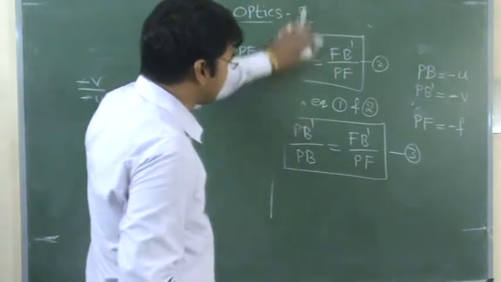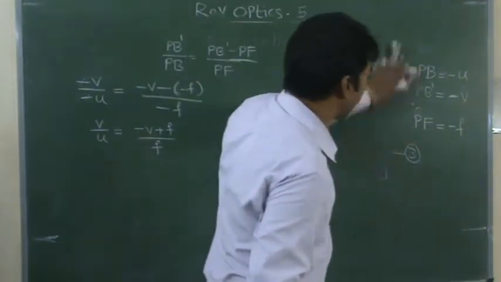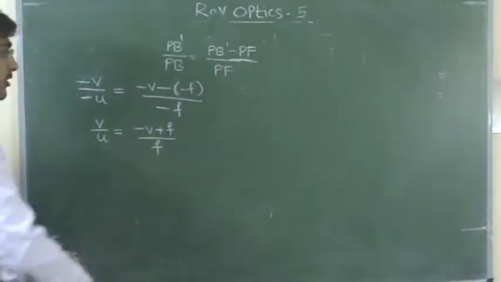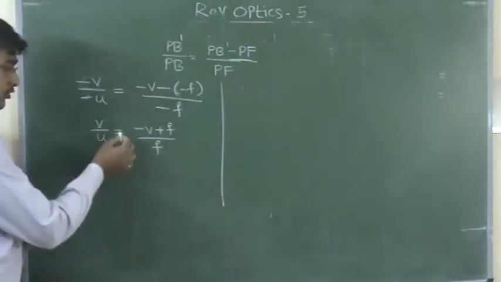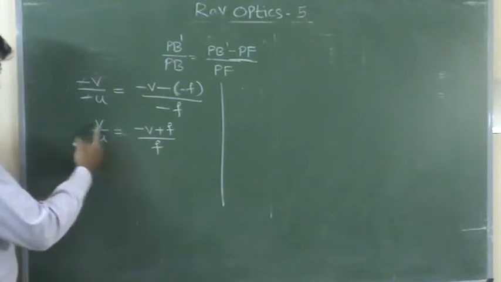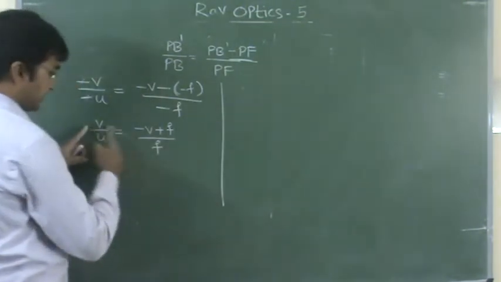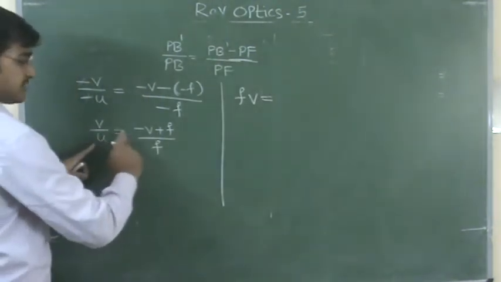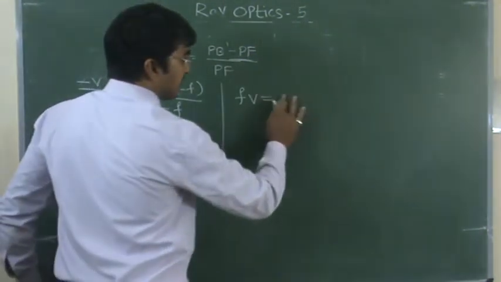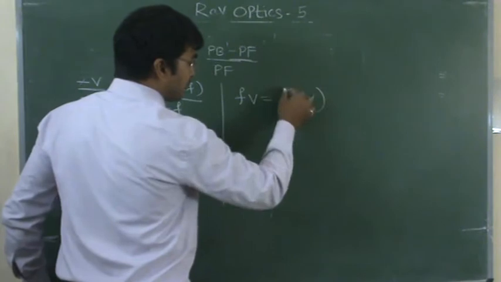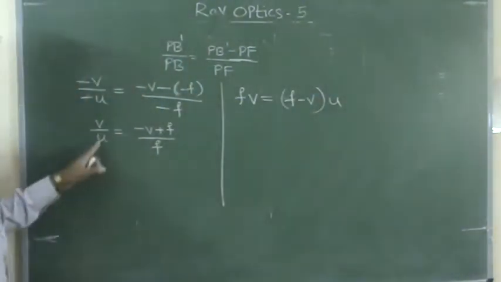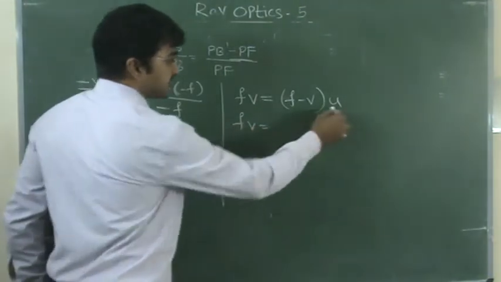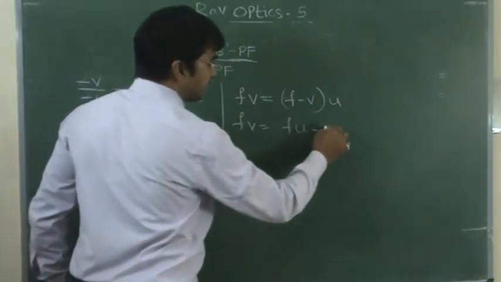I am removing this one because we already have equation number 3, which we modify like this. I will go through the cross multiplication. What you get: FV is equal to, this term will go like this, F minus V into U. F minus V into U. FV is equal to FU minus UV.